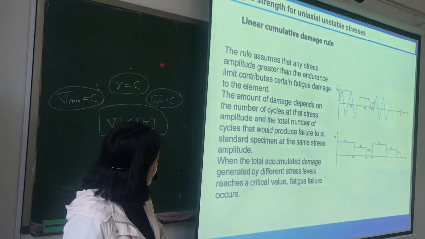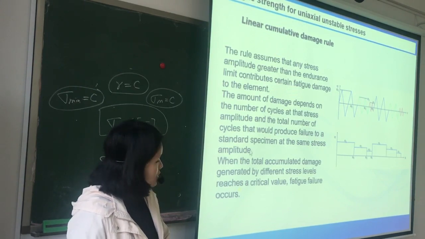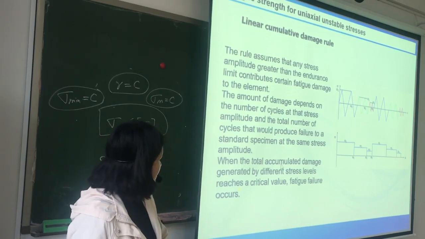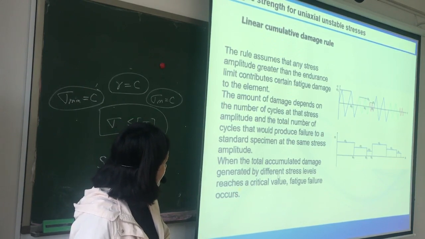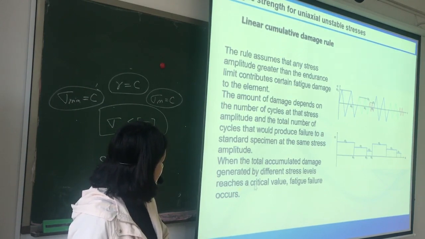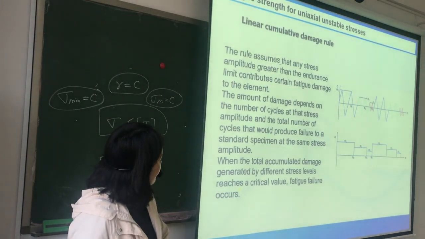The amount of damage depends on the number of cycles at that stress amplitude and the total number of cycles that would produce failure to a standard specimen at the same stress amplitude. When the total accumulated damage generated by different stress levels reaches a critical value, fatigue failure occurs, and this is the essence of the rule.